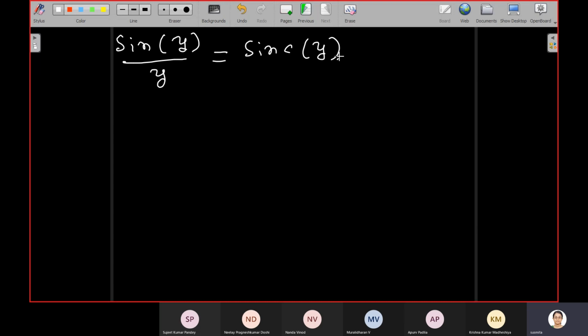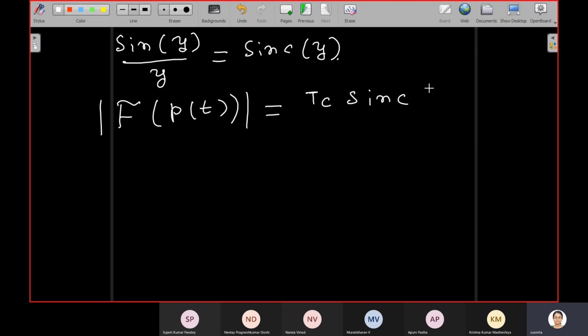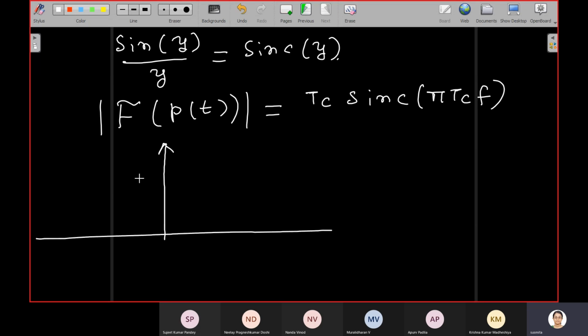Okay, so using this convention, the mod is this, and it looks like this.